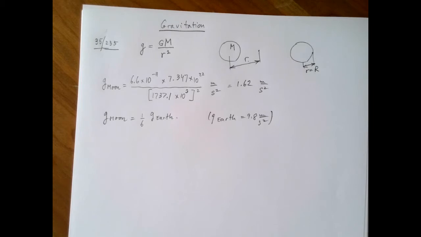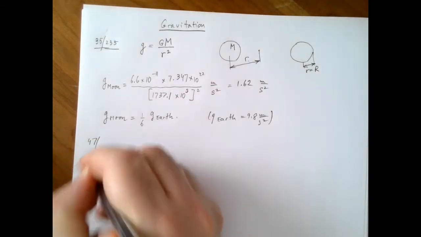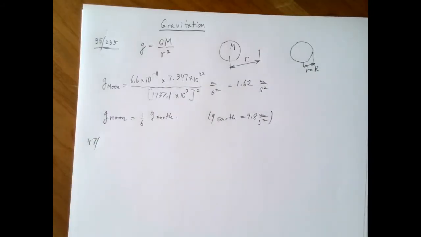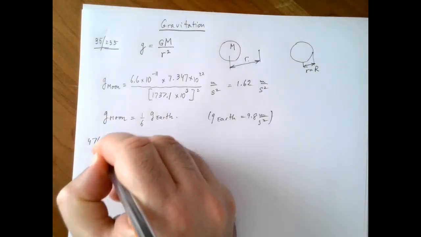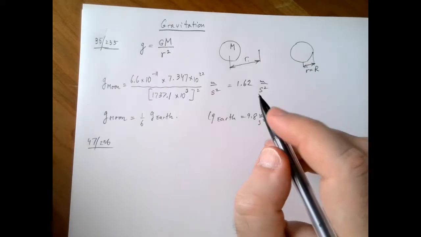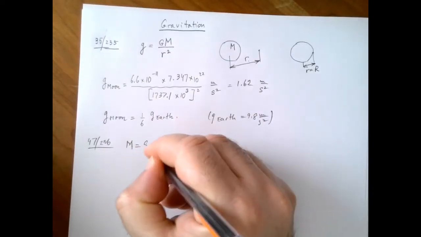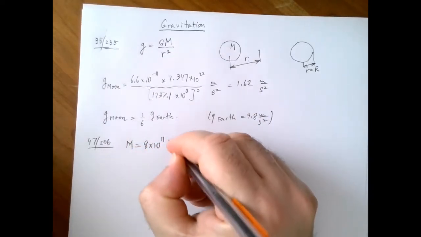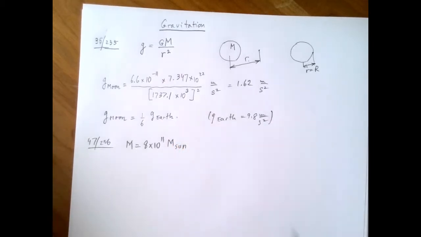So a good question would be problem 47 on page 236, that says that astronomical data indicates that the Milky Way has a mass of about 8 times 10 to the 11th solar masses.